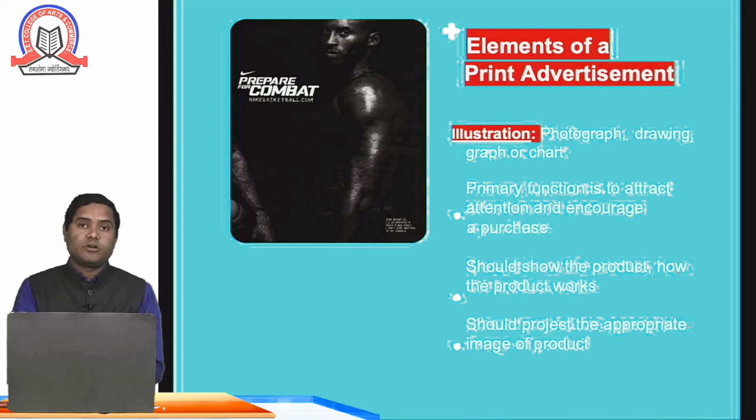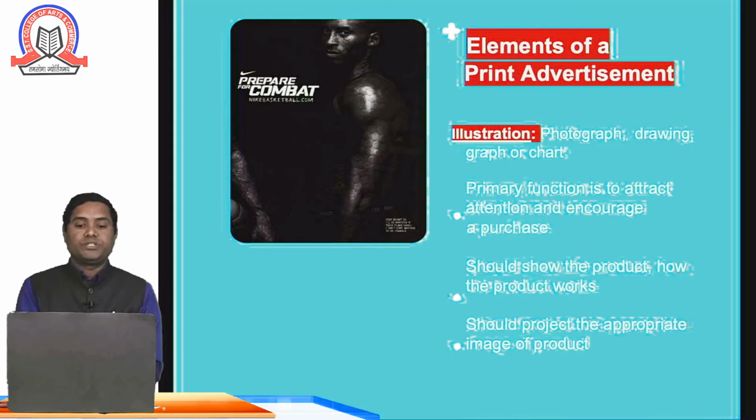Now what is the part of illustration? We use some photographs or some drawing or some chart when we are writing an advertisement, and the basic function of this illustration is to attract attention and encourage a purchase. It should show the product and how the product works.